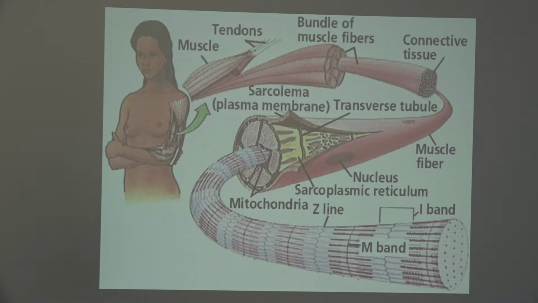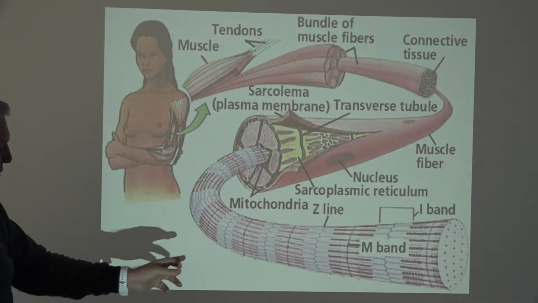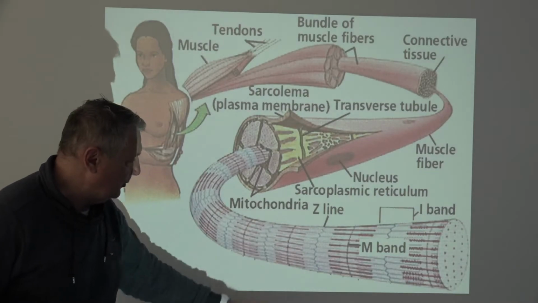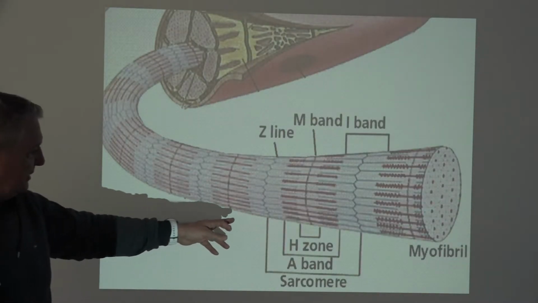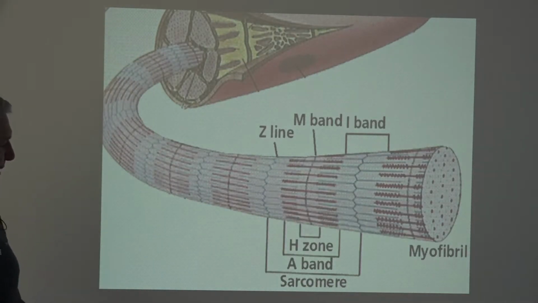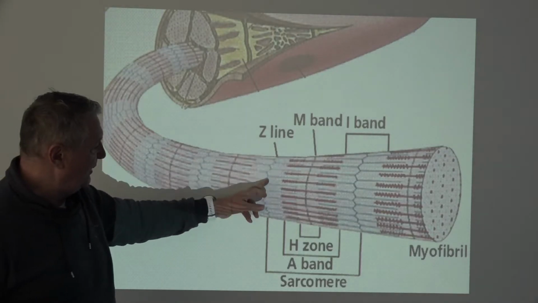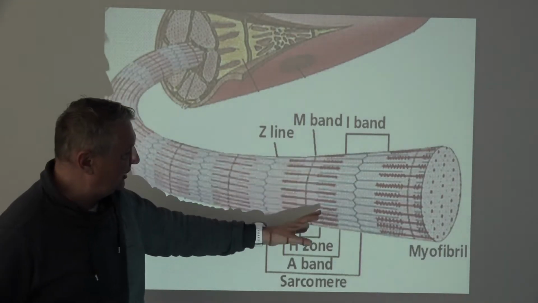Also, it is important because naturally it separates muscle fibers, and the smallest unit is called sarcomere. What you can see here, we can say this is a muscle cell which is separated by Z lines. You can see many Z lines, very beautifully structured.